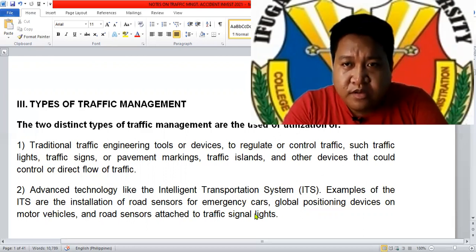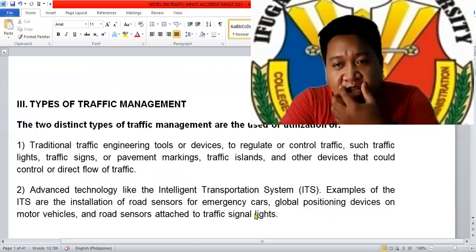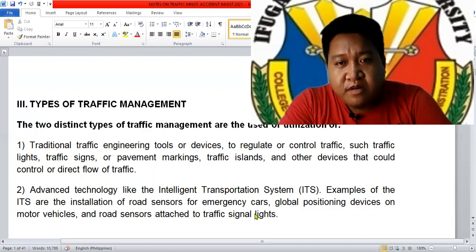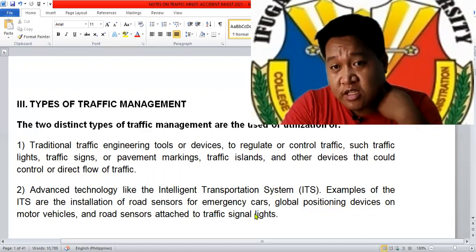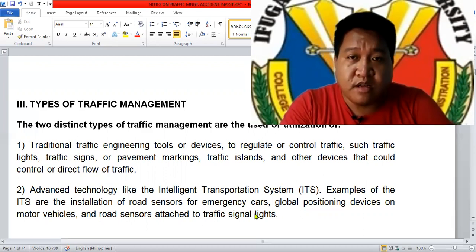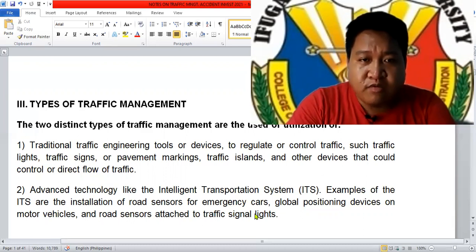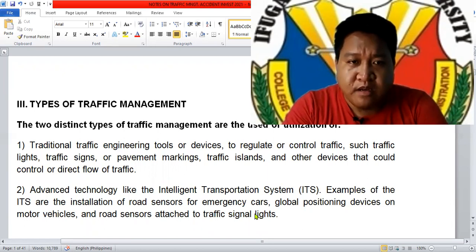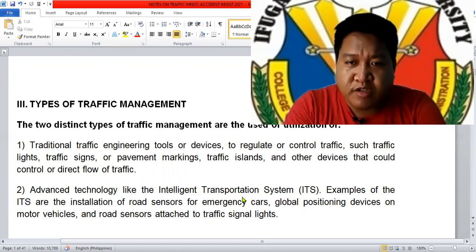Kung tingnan nyo, may mga sa kalsada natin sa Alfonso Lista, there are CCTV. They are wireless attached. In some areas, these are samples, crossings, and mostly where accidents happen, and also for purposes of peace and order, this will deter crime and help the maintenance of peace and order.